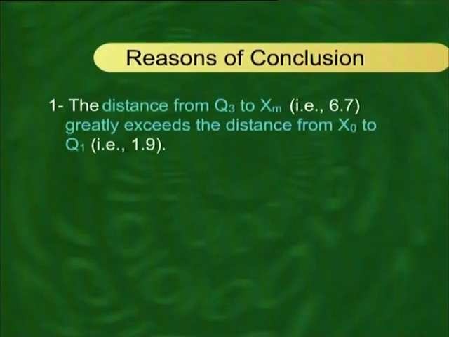Number 1, the distance from Q3 to XM, that is 6.7, greatly exceeds the distance from X0 to Q1, that is 1.9.